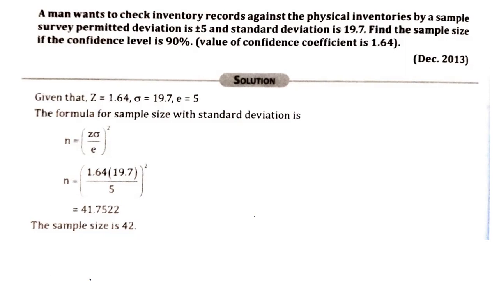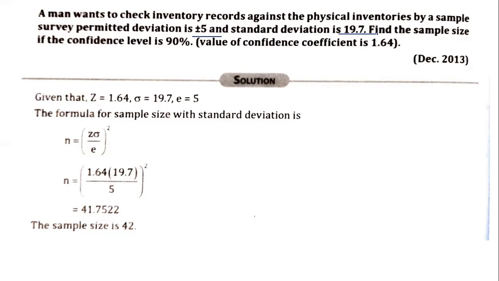Now, a man wants to check inventory records against a physical inventories by a sample survey. Permitted deviation is plus or minus 5, and the standard deviation is 19.7. So by seeing the question only, you will be able to understand that this is a direct standard deviation question.